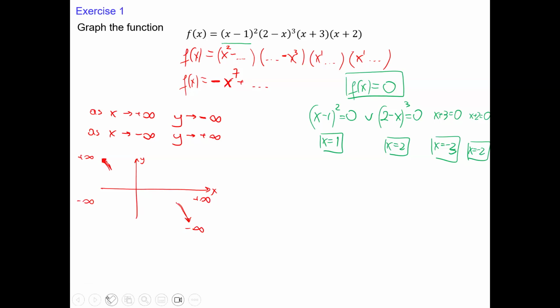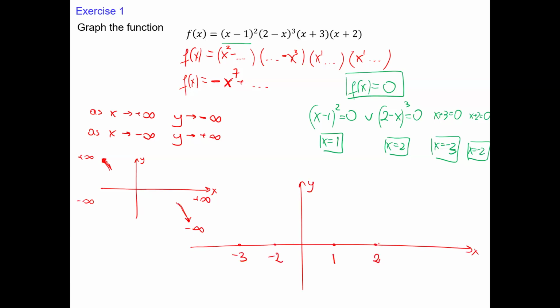Let's do a little bit bigger. Okay, I can put -3, -2, 1, and 2. And we know that we're starting from below the x-axis. Now, at each x-intercept we have to intersect.